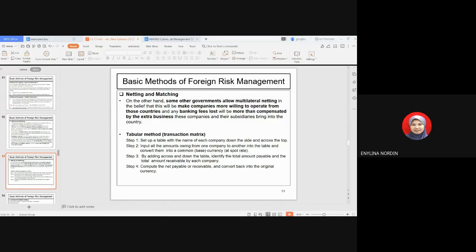For example, let's say on the 1st November, the company received 2 million US dollars from the US customer, and then on 15 November, company A pays 1.9 million US dollars to the US supplier. So this one is for export, another one for import.